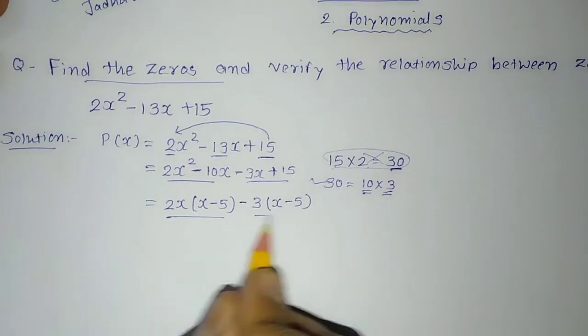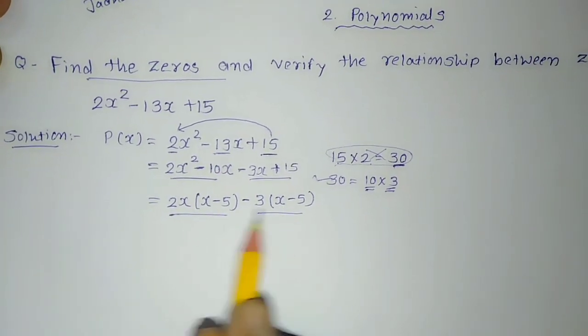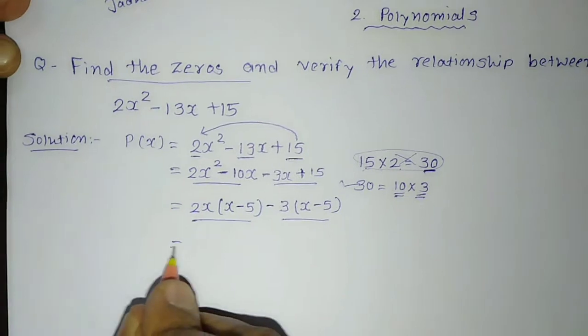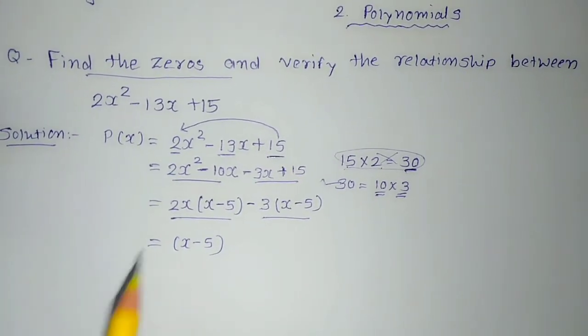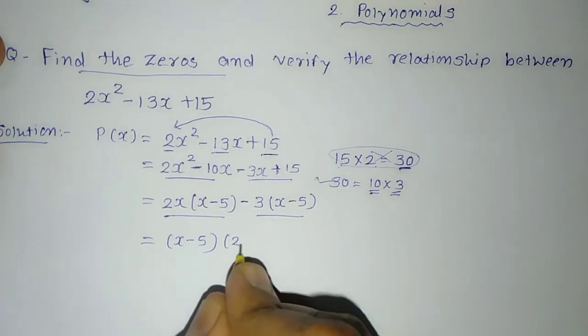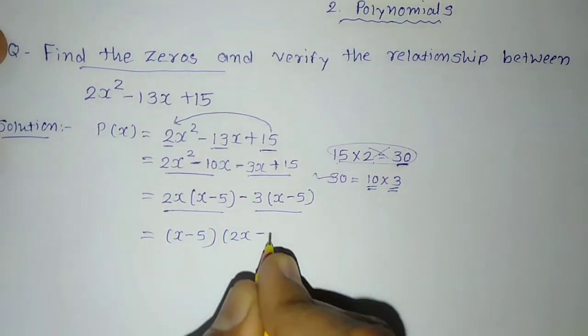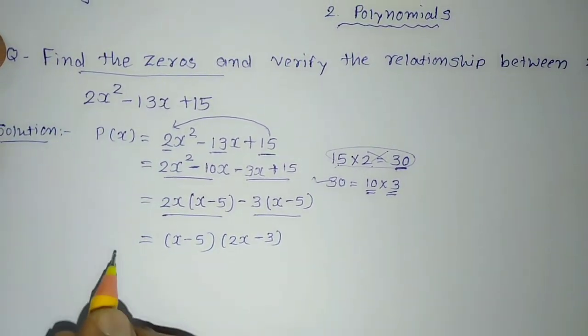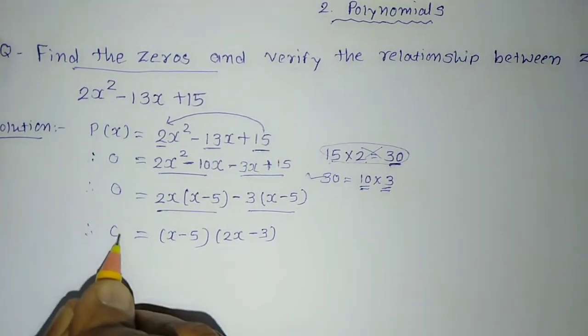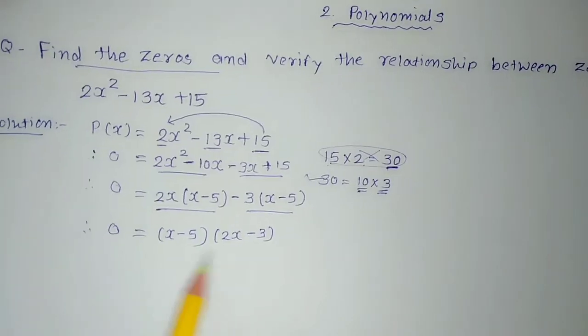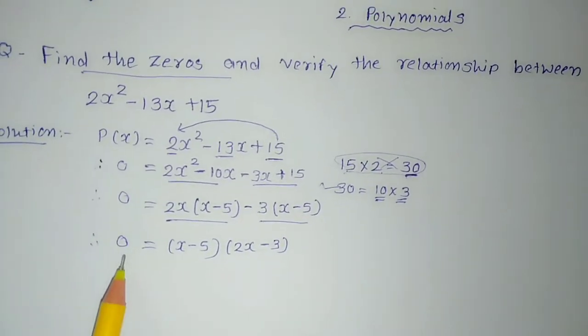Now I will take it common from both of these x minus 5 common, so I will take it out, x minus 5. Then what is remaining? Here in this it is 2x remaining, and here it is minus 3. This p of x will take it to be 0, as we want to find out the 0, so I'll write it 0. So the multiplication of both of these terms is considered to be 0.